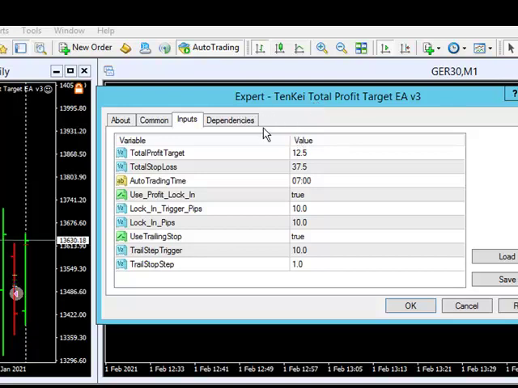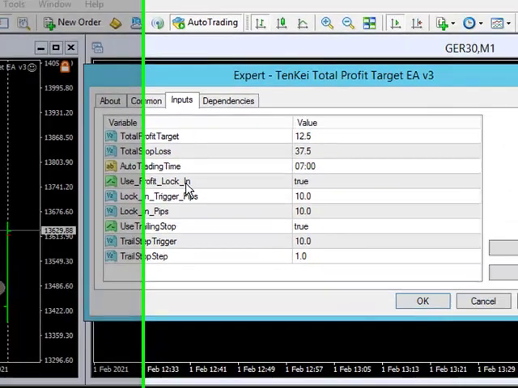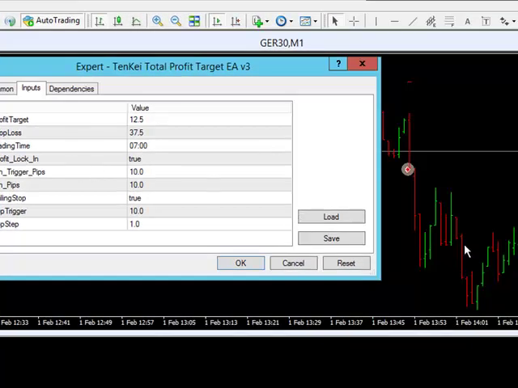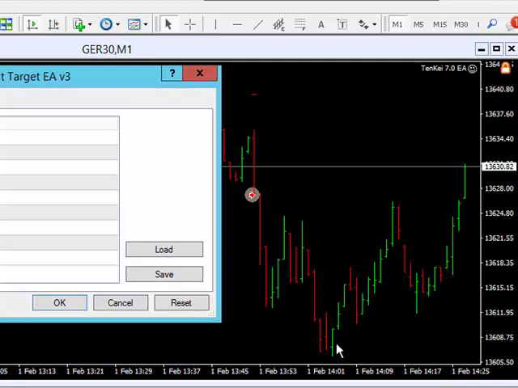But now we're just going to be jumping straight through to what we call use profit lock-in. When placing trades, what could happen, for instance, in this trade here, it's not so much a trade, but a movement in the market. There was a movement going down, movement going up, going down, going up. Imagine if you got into this trade, and the markets are moving up.